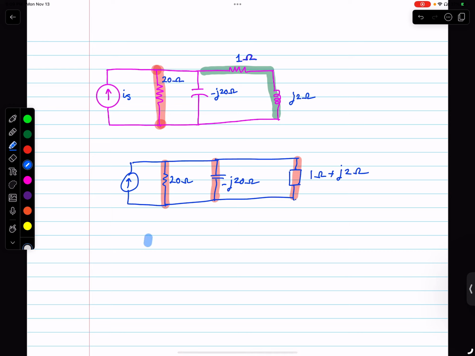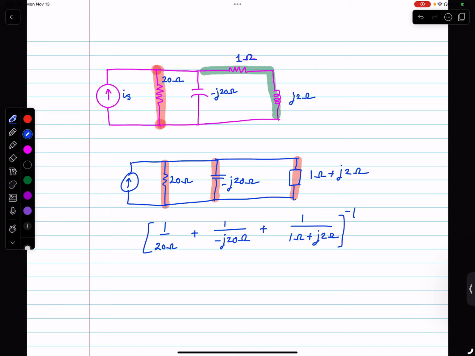So 1 over 20 ohms plus 1 over negative j 20 ohms plus 1 over 1 ohm plus j 2 ohms, all of that reciprocal, right?